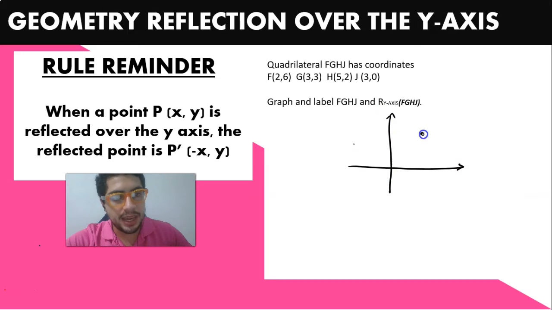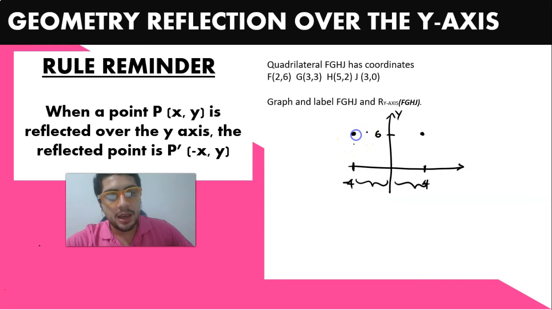So let's say we have the point (4, 6). The reflection over the y-axis is going to be at the same distance, so it's going to be at -4 now, and it's going to have the same value of y.